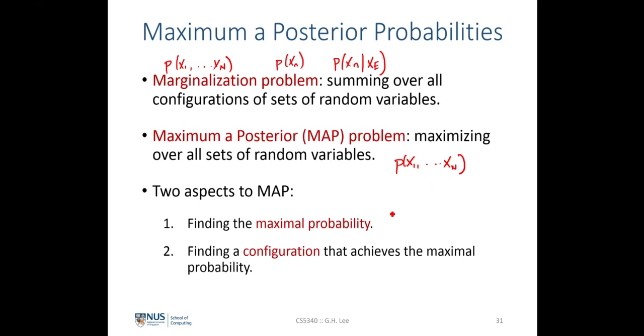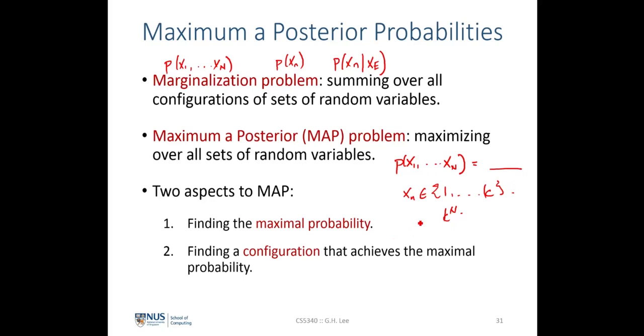The first would be, what would be the maximal probability over all the configurations of x1 to xn. Suppose that each one of these random variables is taking some states 1 to k. There will be altogether k to the power of n combinations of these random variables, and each one of these configurations would return a certain probability.